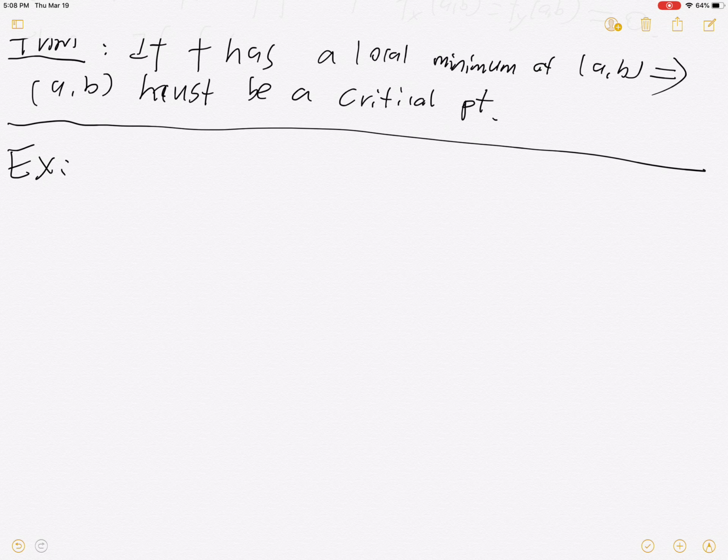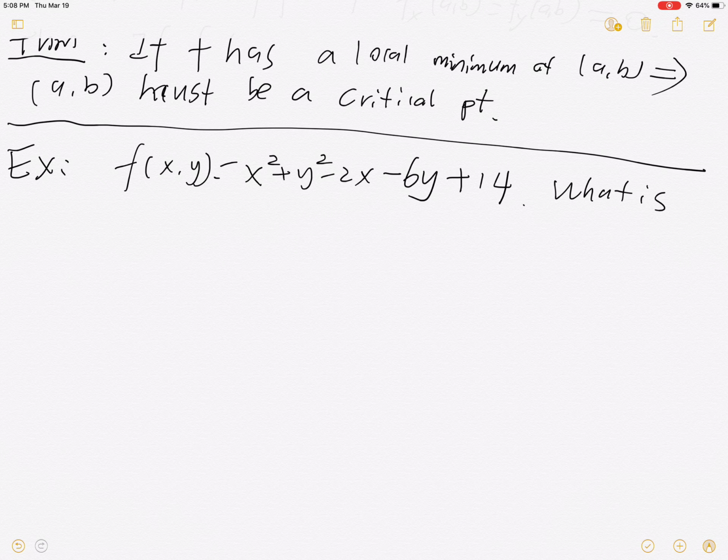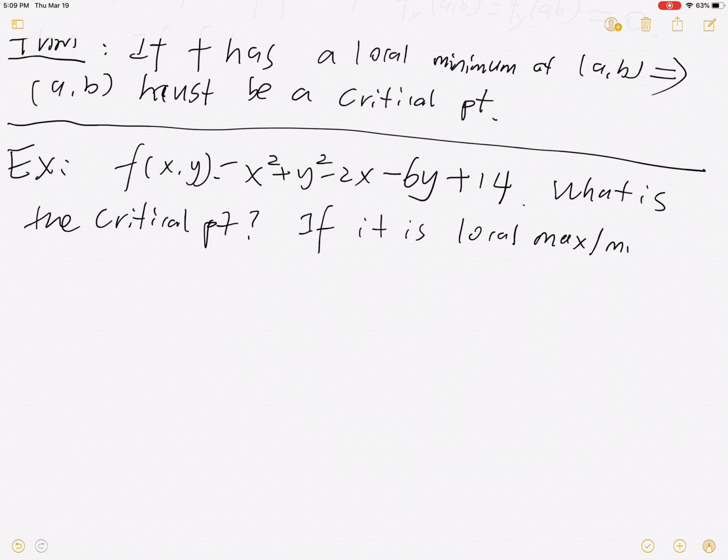For example, if your function is taken to be x squared plus y squared minus 2x minus 6y plus 14, then what is the critical point, and is it a local maximum or local minimum?